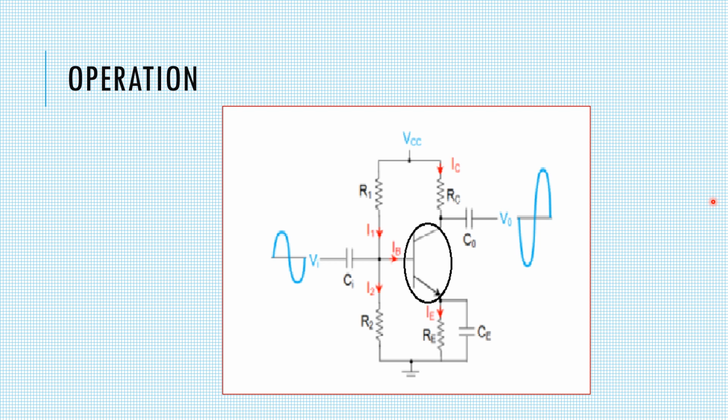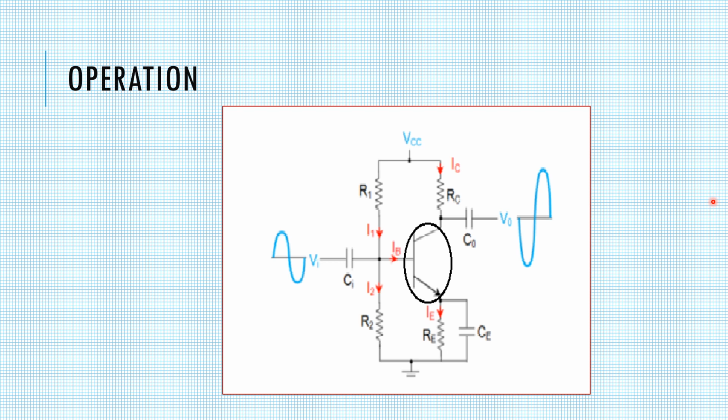Amplifiers can be used in communications, audio, video, instrumentation, and they can be used in controllers. Since we are studying common emitter amplifier, in which we are going to use a transistor in common emitter configuration mode, this mode can be used as an amplifier.